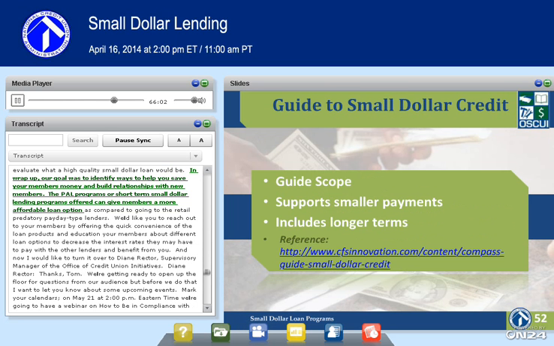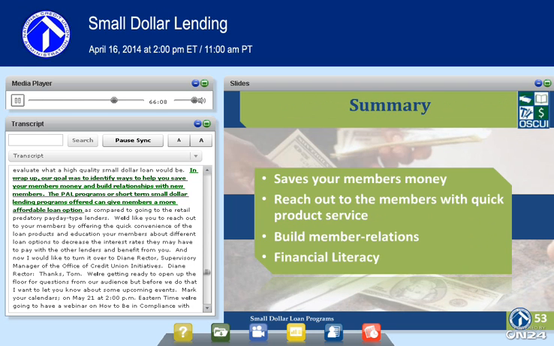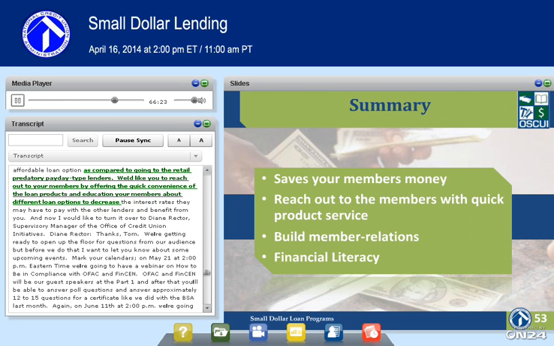And to wrap up, our goal is to identify ways to help you save your members money and build relationships with new members. The PAL programs, or short-term small dollar lending programs, offered can give the members a more affordable loan option as compared to going to the retail predatory payday type lenders.